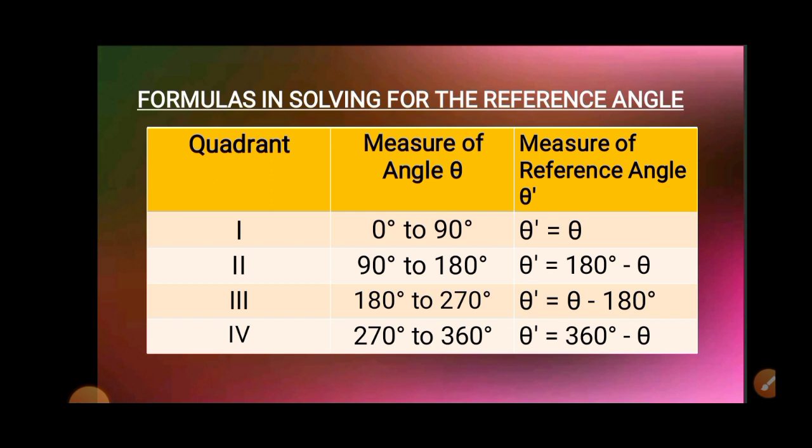So the measure of the reference angle is equal to the standard angle minus 180 degrees. And in quadrant 4, the measure of the angle is 270 degrees to 360 degrees. So the measure of the reference angle is equal to 360 degrees minus the standard angle.